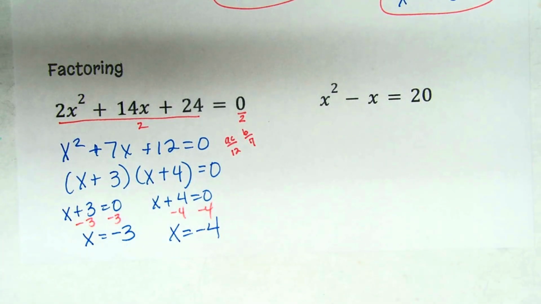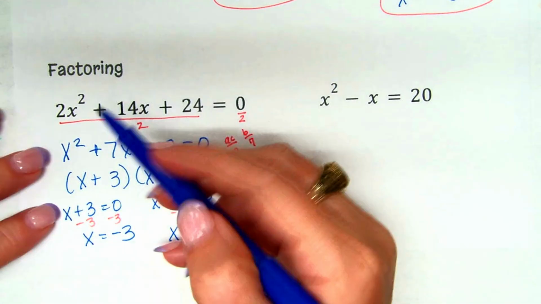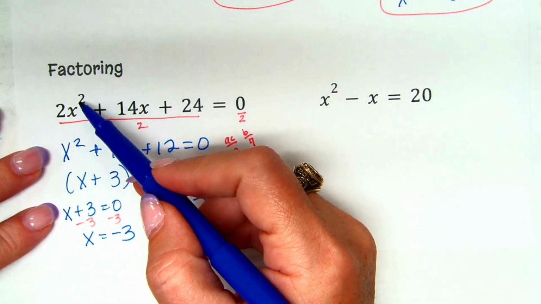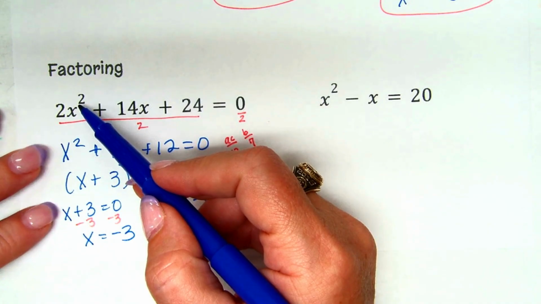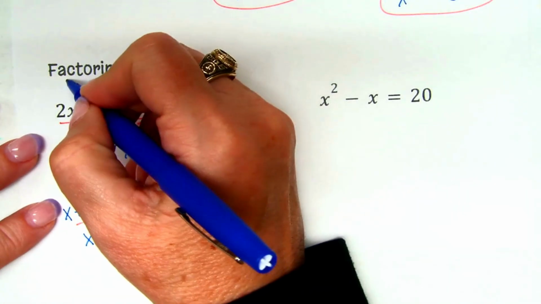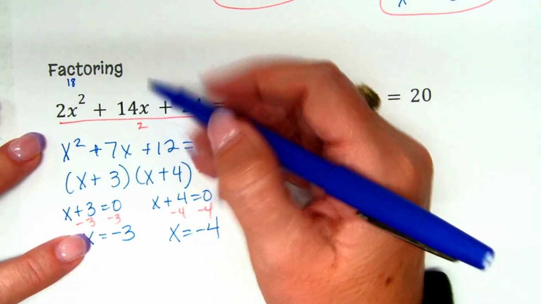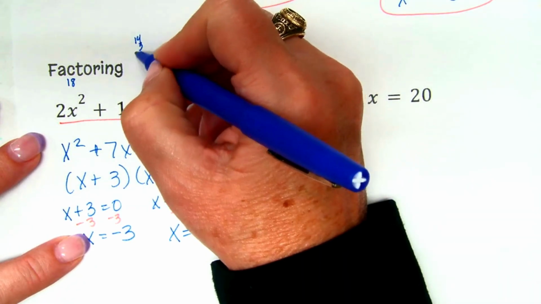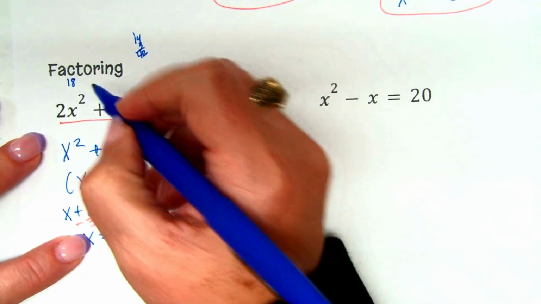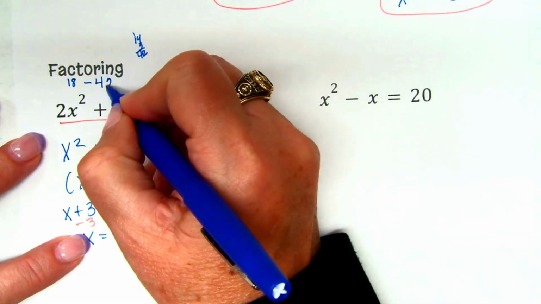Am I right? You cannot assume I'm right just because I'm the teacher. I'm a human, and I mess up sometimes. I already proved that, didn't I? All right, -3 squared is 9, times 2 is 18. 14 times -3 is -42.